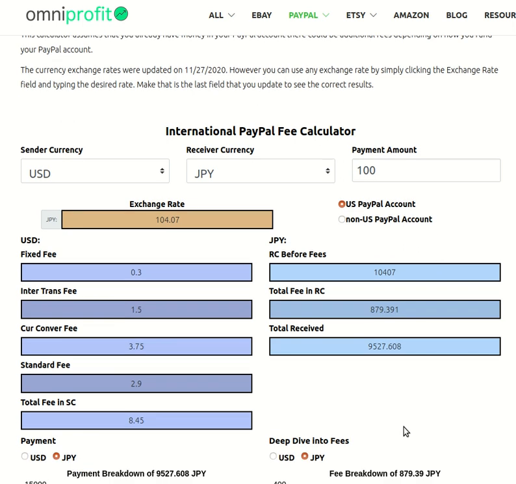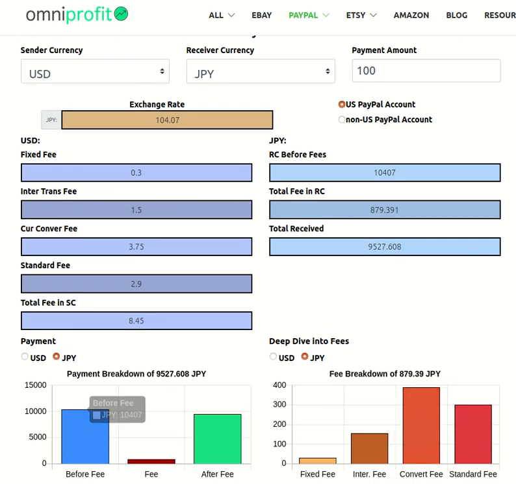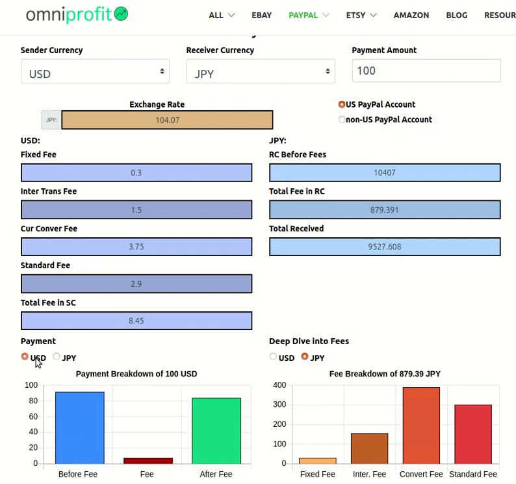Okay, scrolling down here, we'll now look at some of the same fees, but from the graphs, just to show how the graphs work. So I'm going to click USD here. And so now this entire graph is in USD. And so I'm sending $100 before fees.